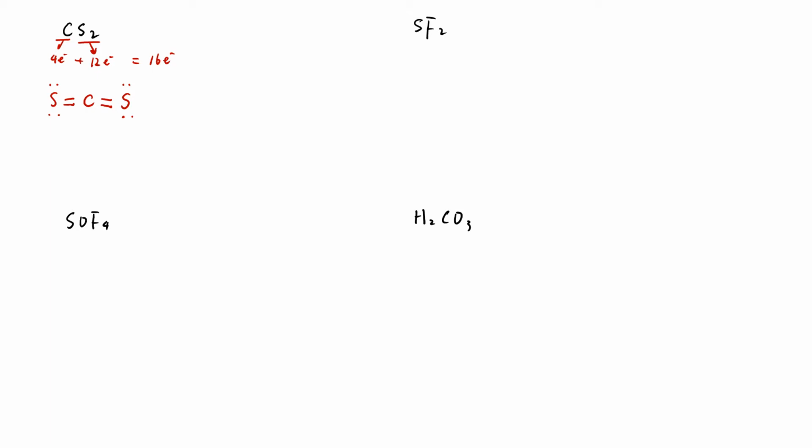Now the number of electron groups for the center atom, let me change the color. Right now for the center atom, carbon, it has 2 double bonds. So the number of electron groups is 2.